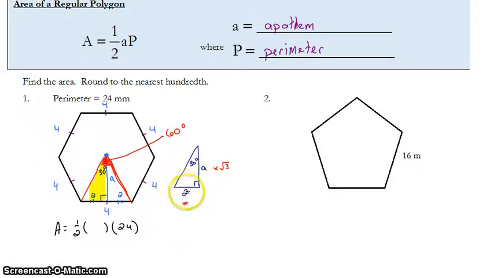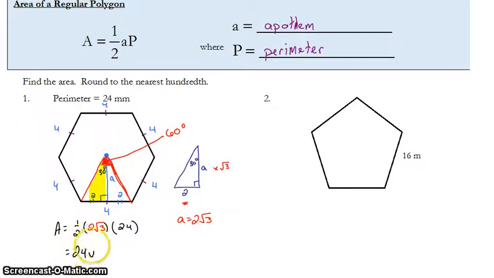Which means that if my side length here is 2, my apothem is that x, 2, times the square root of 3. That's what I plug in for my apothem. So I had to use my 30, 60, 90 relationships. If I wanted an exact answer, I'd have 1/2 times 2 is 1 times 24.